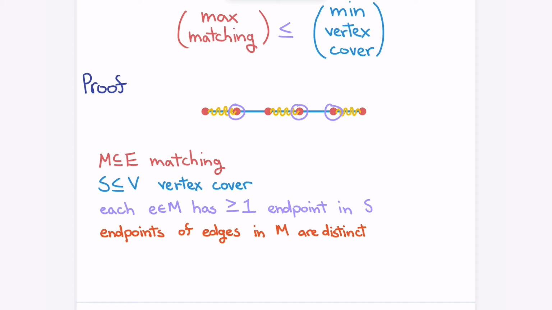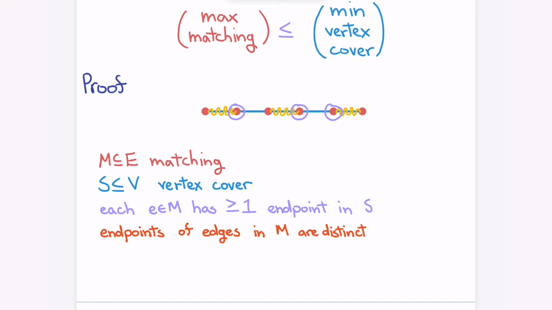If you took any matching, like these yellow edges, and any vertex cover, you know that your vertex cover has to have at least one endpoint of every edge in your matching, because it has to have one endpoint of every edge, let alone the ones in your matching. Meanwhile, all the matching edges' endpoints are disjoint, so each edge is covered by a different vertex from the vertex cover.